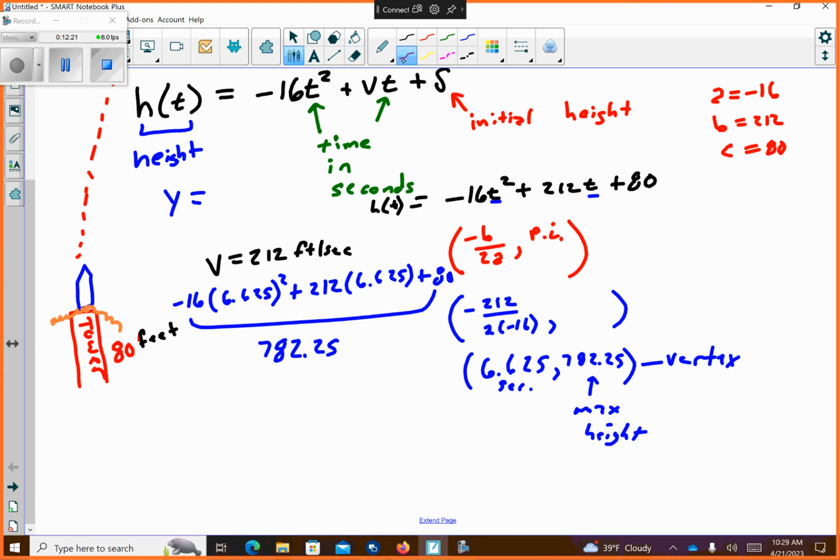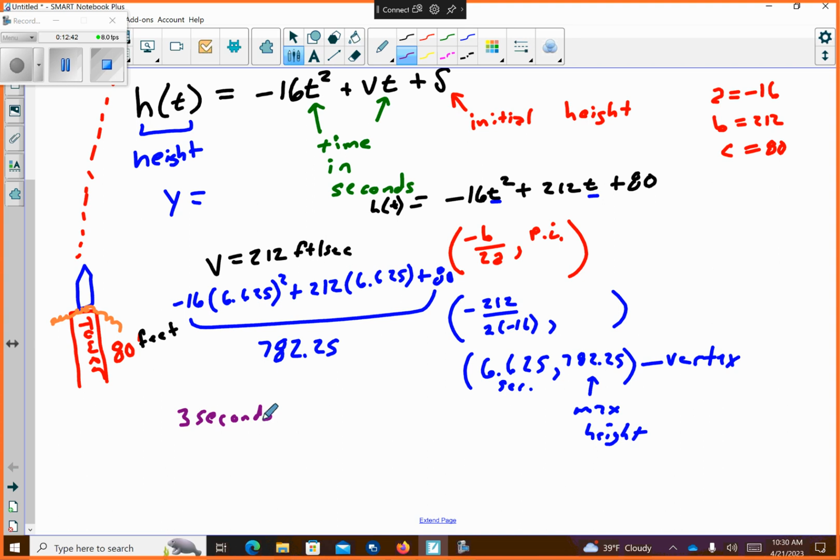But then it says, hey, you know what? After 3 seconds, how high is this up? Now, let's use a little thought process here. Okay, just some critical thinking. How long does it take before it gets to its maximum height?